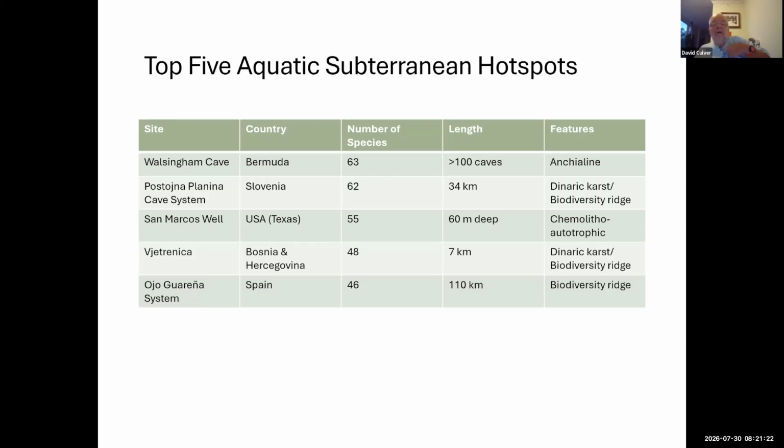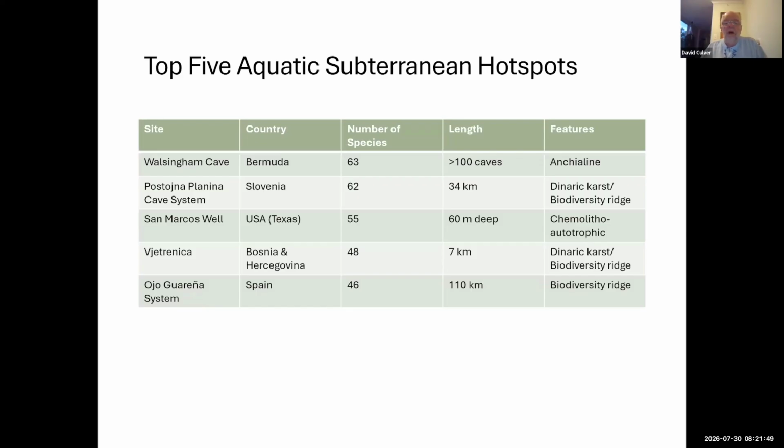So they have a freshwater lens, and also have more organic material available. San Marcos Well, which is in Texas, is chemolithoautotrophic. That is, it produces its own energy in the absence of sunlight.